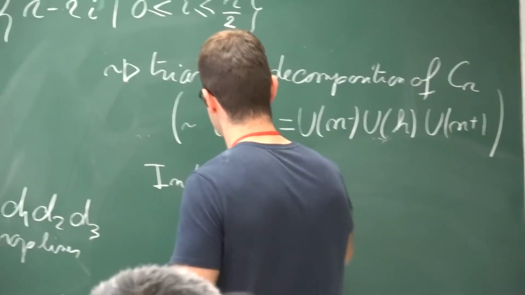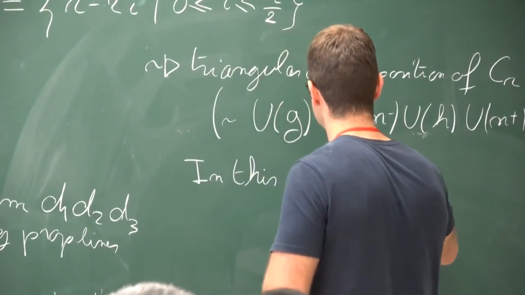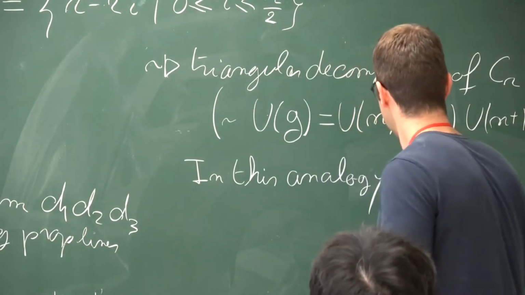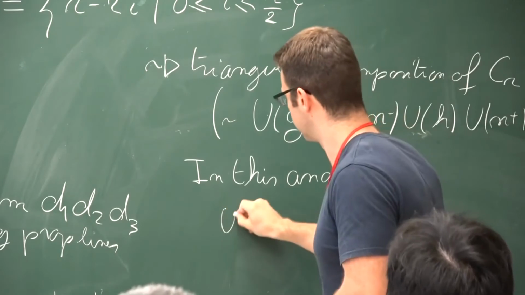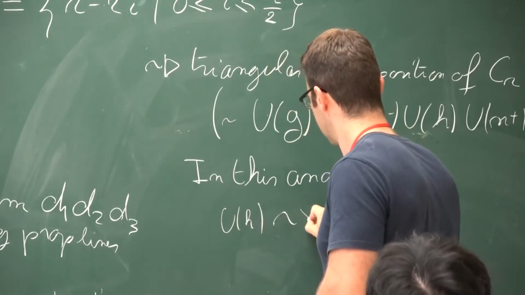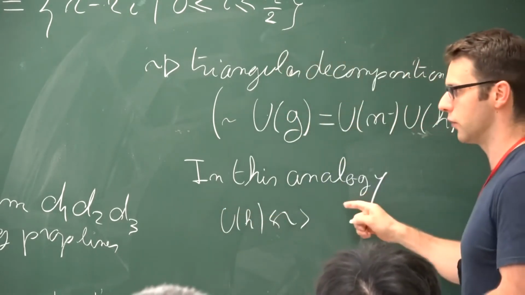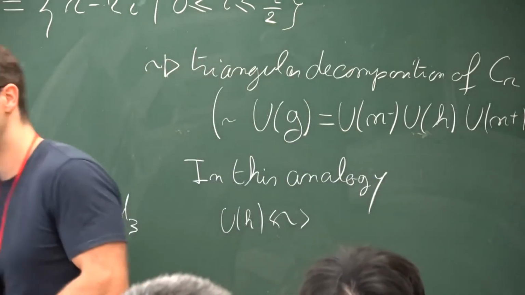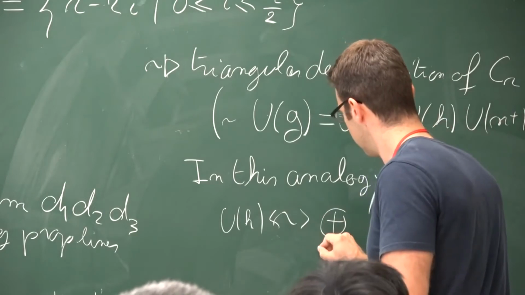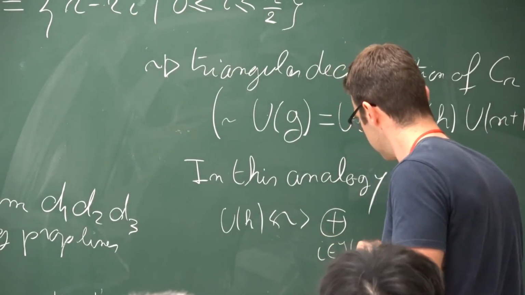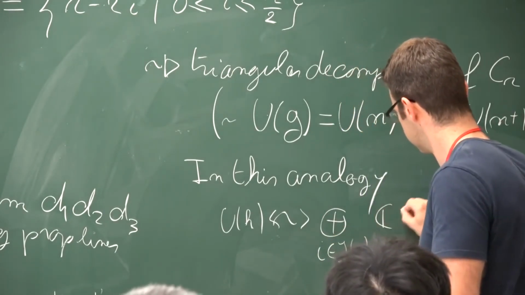So in this analogy, the Cartan, or its universal enveloping algebra, its role is taken over by all these diagrams, which is the subalgebra given by symmetric group algebras.